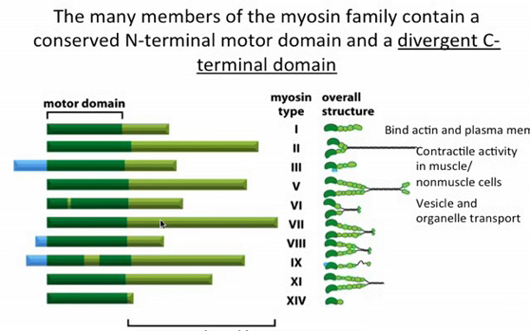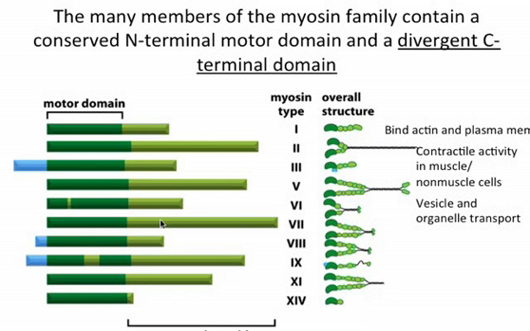So when we just talked about myosin 2, it's involved in contractile activity in muscle, so it's got this long coil domain that helps it to bind to each other and create this bipolar thick filament. And then there's other myosins. There's one here which binds to actin and the plasma membrane.